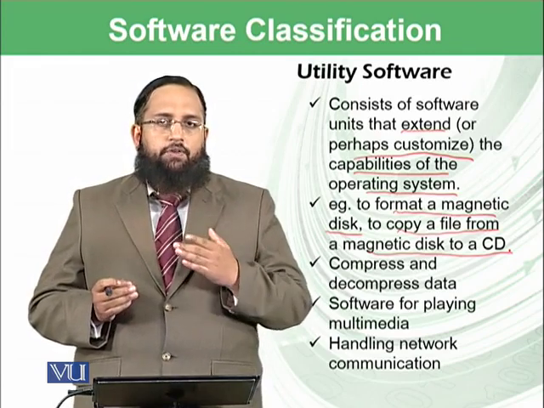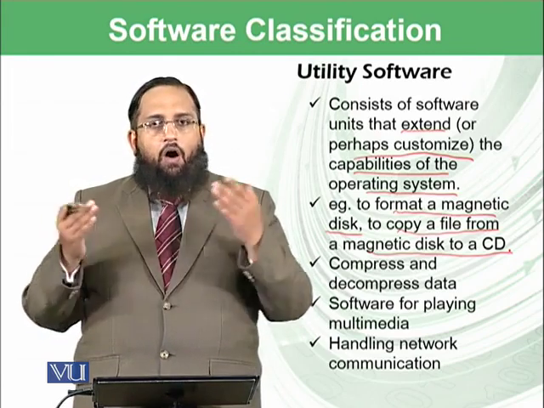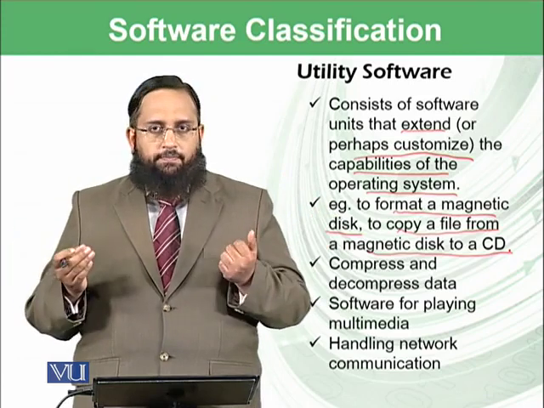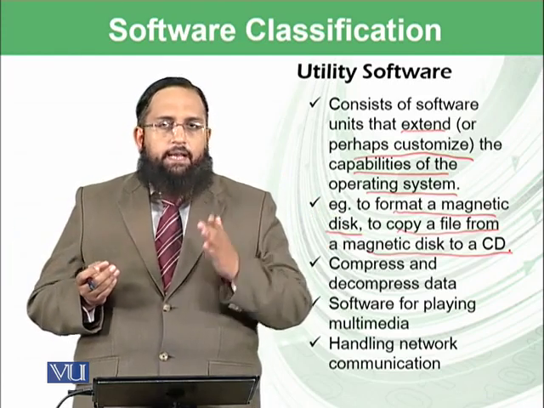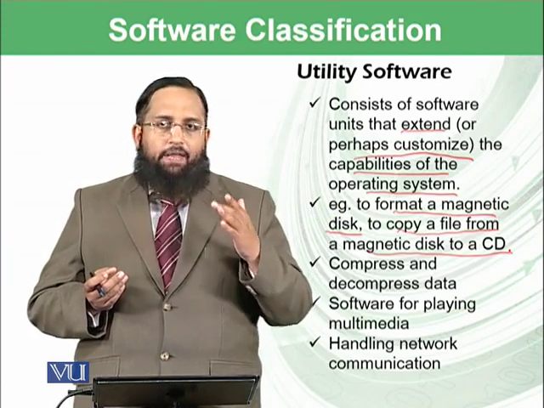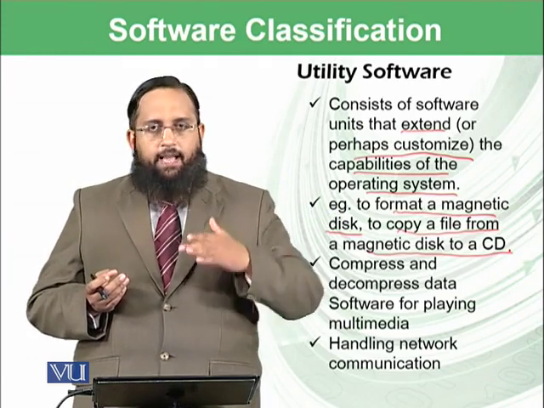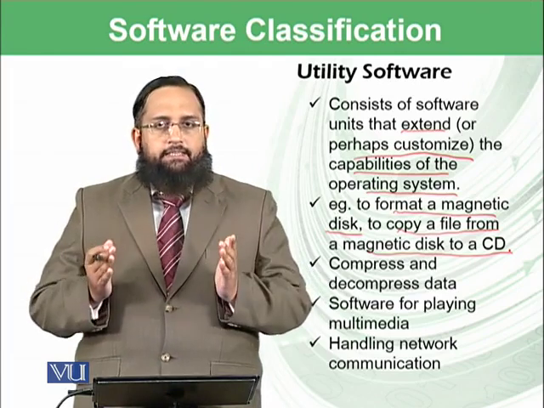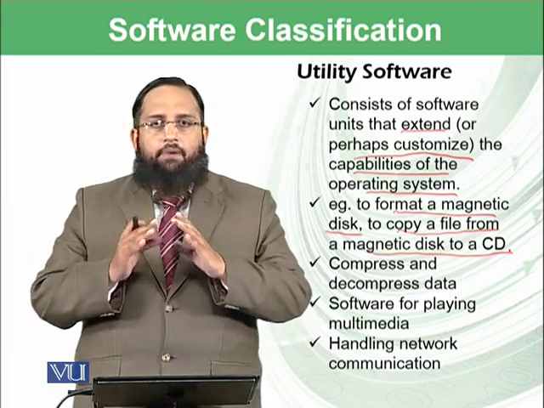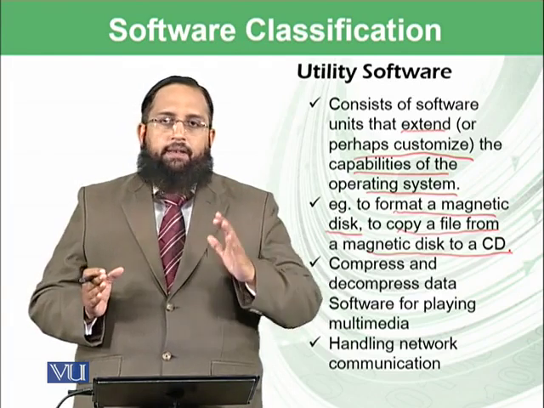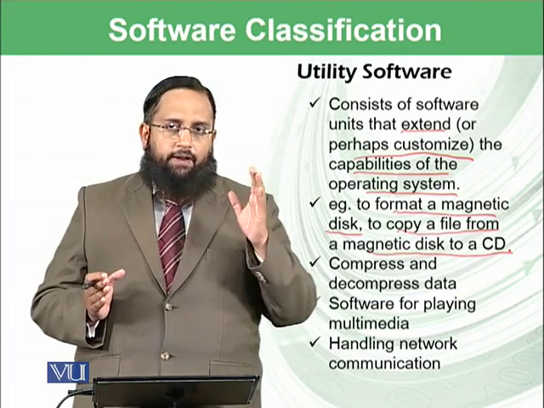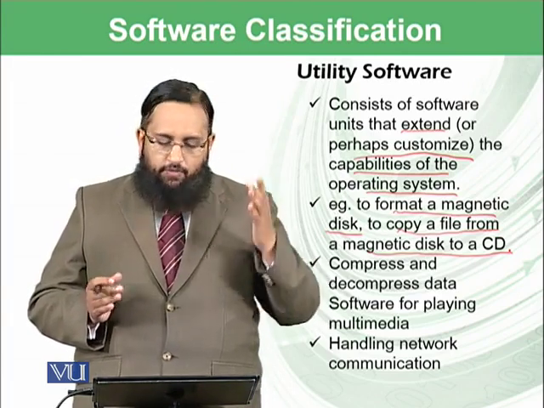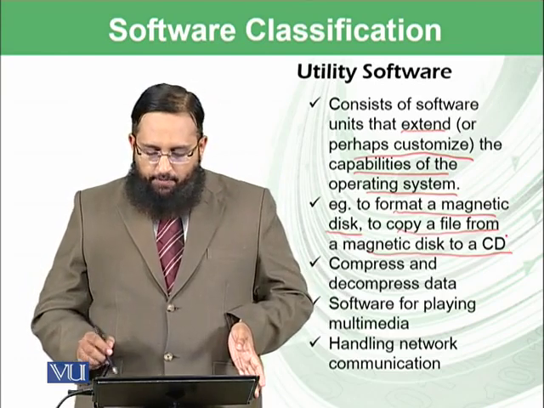This utility is not needed by all users all over the world. Whoever needs such a utility will install it, and that utility will extend or strengthen the existing operating system for that particular kind of user. But this will not affect the other users using the computer.